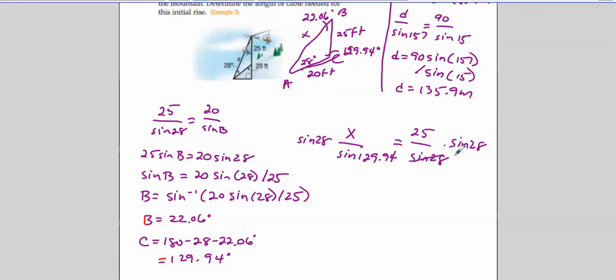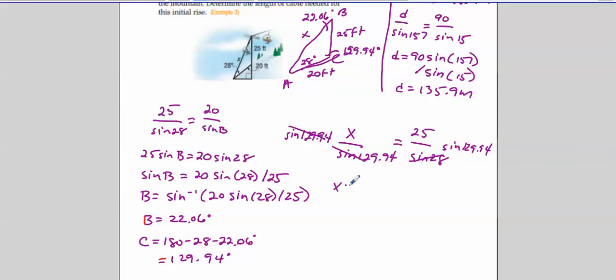And these will cancel. Oh, that doesn't work because we're trying to isolate the x. Let's try again. Let's multiply by sine 129.94. And now these will cancel.